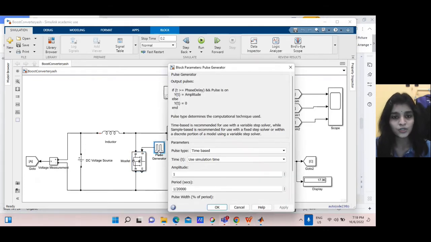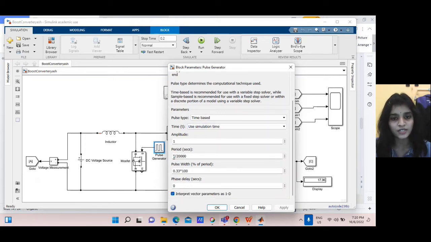So we use the pulse generator to show the pulse from the MOSFET in on and off condition. The frequency that we set is 20,000. Then the pulse width, that means the duty cycle or duty ratio, is 0.33 times 100%, because it is in percent.